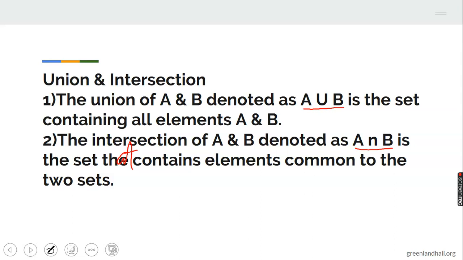What is common to the two is in A, and at the same time it's also in B.